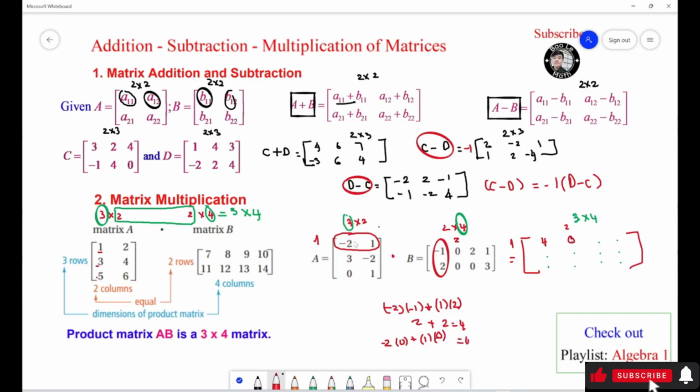Now first row, third column. The answer you need to put right here. Negative 2 times 2 is going to be negative 4, 1 times 0 is going to be 0, so it should be negative 4 right here.